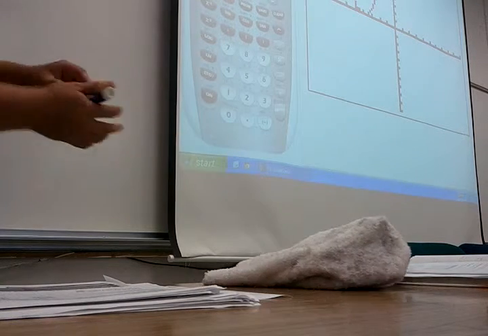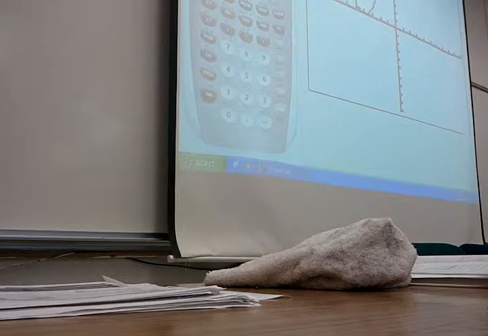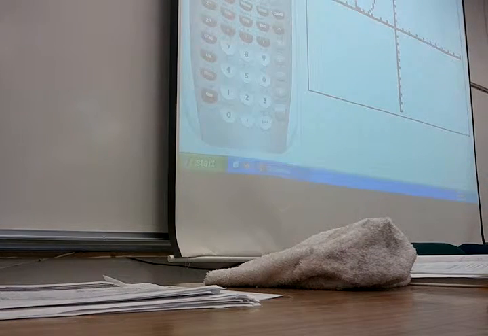Let's stick with parabolas. So for a parabola, if it's in this form, real quick, can somebody tell me, for this one we just did, what would A be? 1.